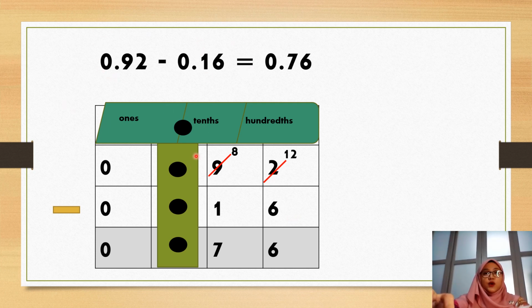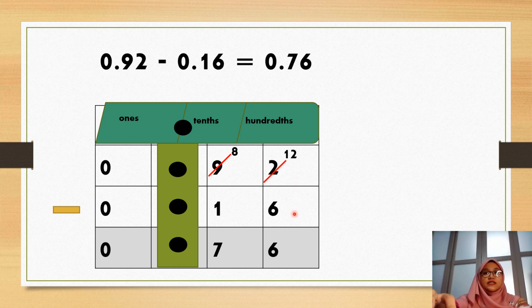Make sure what number is after the decimal point. So after the decimal point is 9, after the decimal point is 1. Don't arrange it out of order. Understand? Okay, so we subtract as usual.